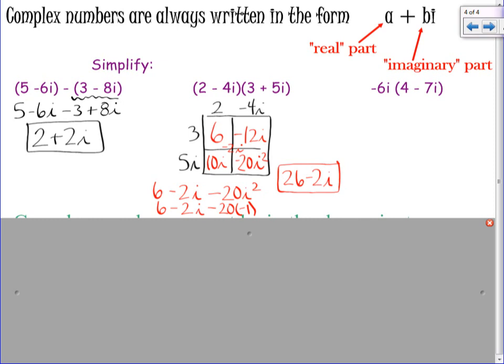What should we do here? What's the math word I'm looking for? So we're going to distribute the negative 6i. So now we have negative 24i. And then what?